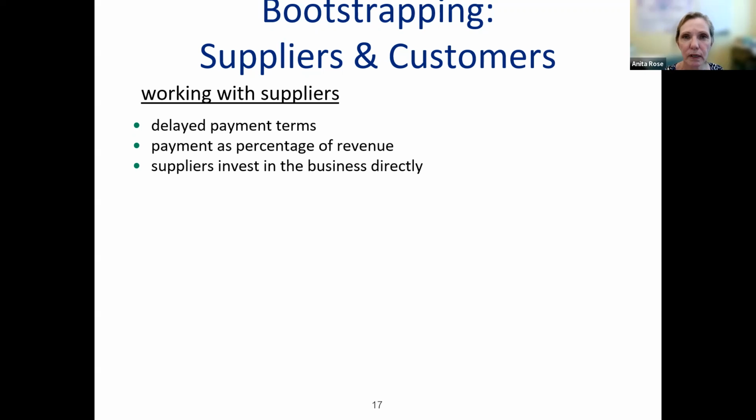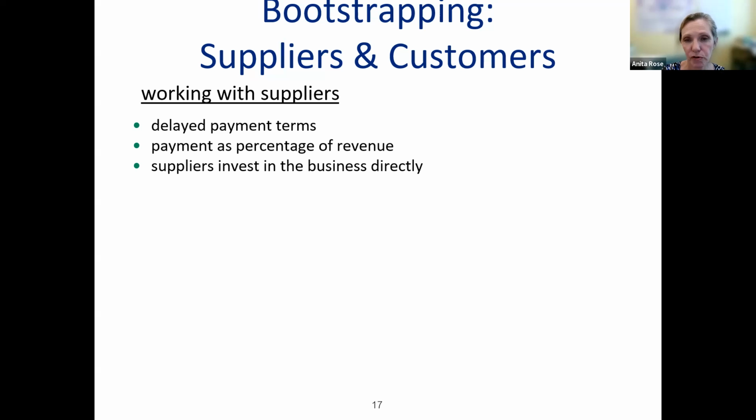So perhaps you're using an influencer on social media, and instead of paying them to promote your product, perhaps you can give a percentage of the revenue instead. So anyone that they send in your direction, they would receive a percentage of the sale. So this is one way of thinking of bootstrapping and working lean.